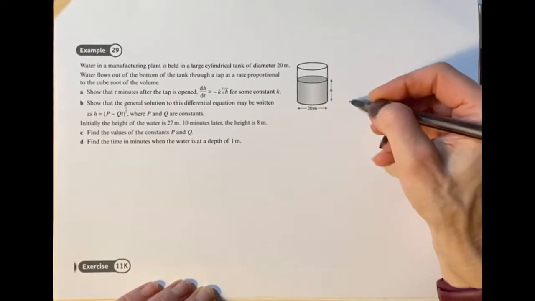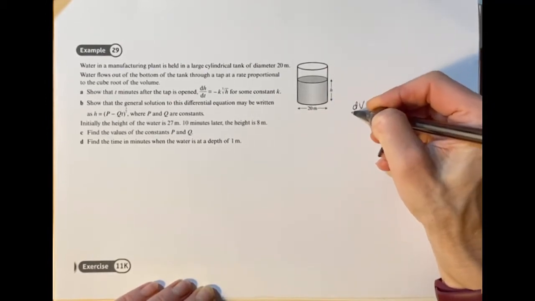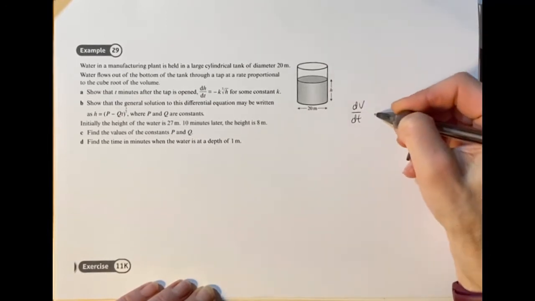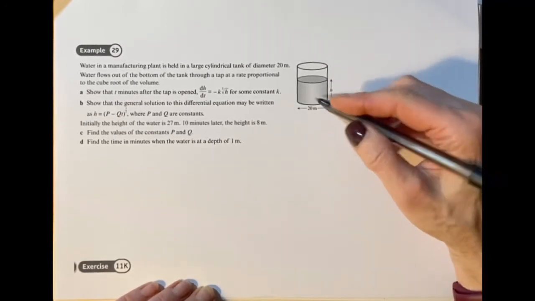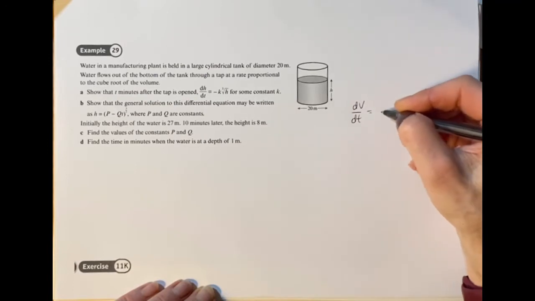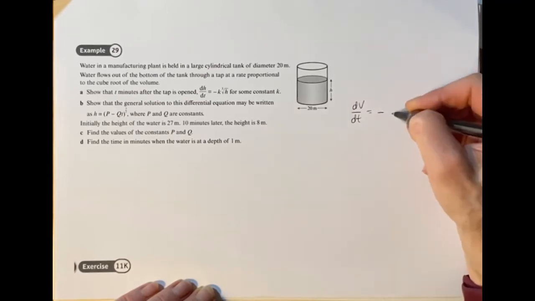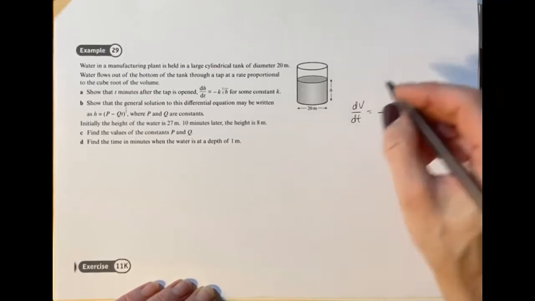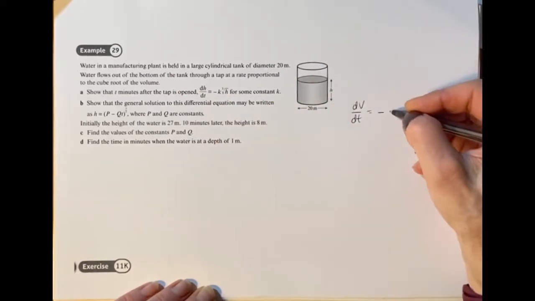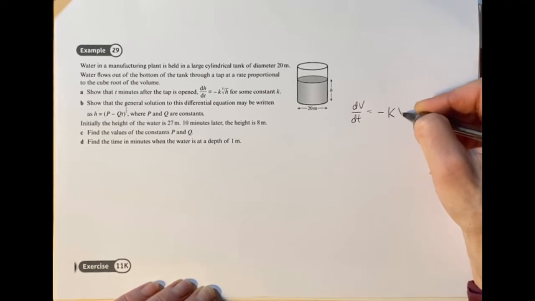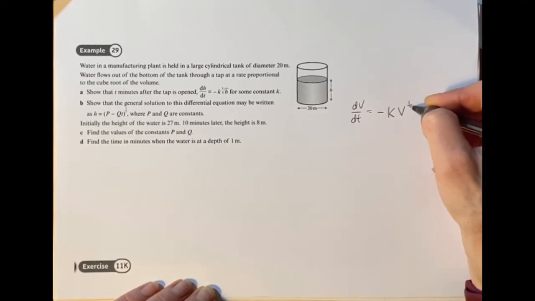So what it says is dV/dt, the rate of change of volume of the liquid in the tank, is going to flow out, so it's going to be minus. Let's use some k, but notice they're using little k here, so maybe use capital K, proportional to the cube root of volume.